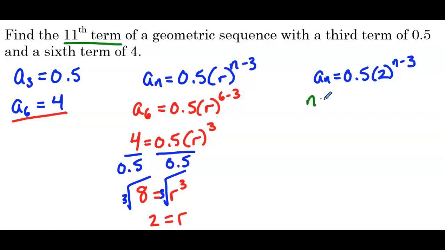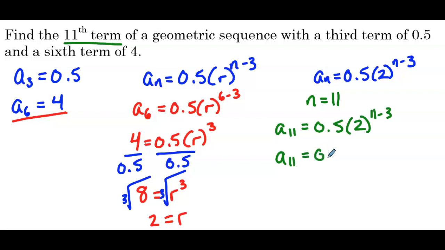So when n equals 11, we have a sub 11 equals 0.5 times 2 to the 11 minus 3. So a sub 11 is 0.5 times 2 to the 8th.